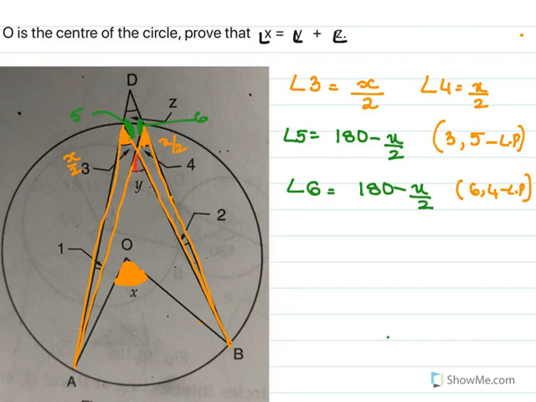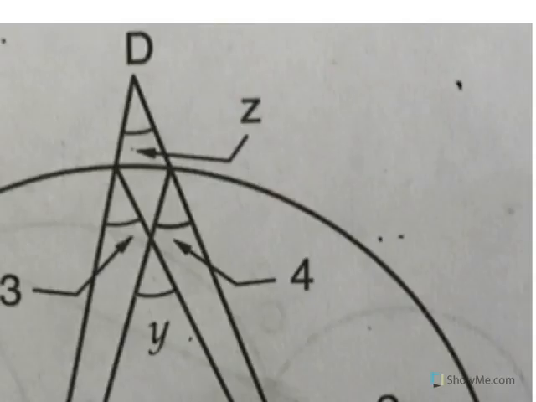Now if this angle is Y, here too this angle will be Y. We call that angle 7. So angle 7 equal to angle Y, vertically opposite angles. Let us recap this. We had this angle as X by 2, and this angle is also X by 2.